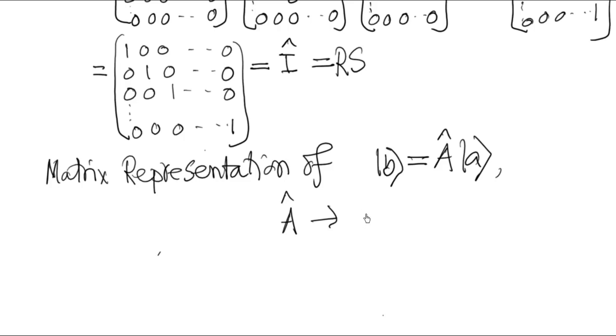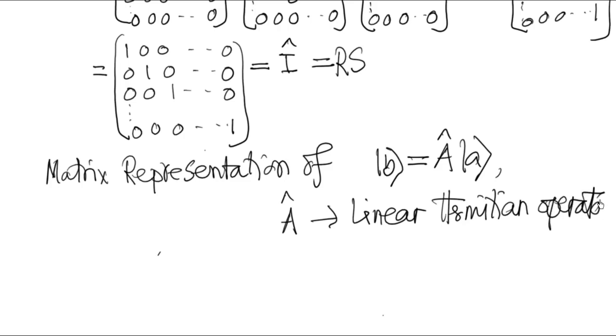Usually in quantum mechanics we consider linear Hermitian operators. Now this equation we sometimes call the transformation equation. You see when the operator acts on the ket A it gives you another ket B.